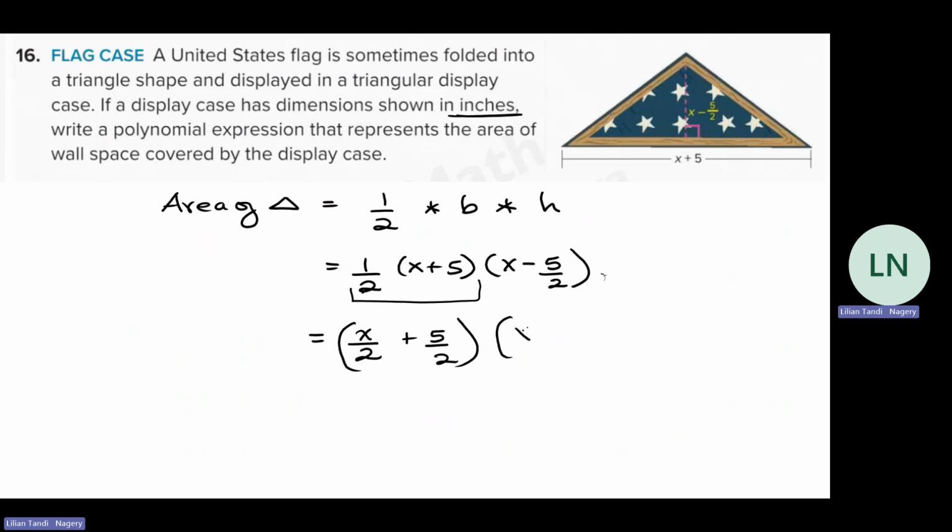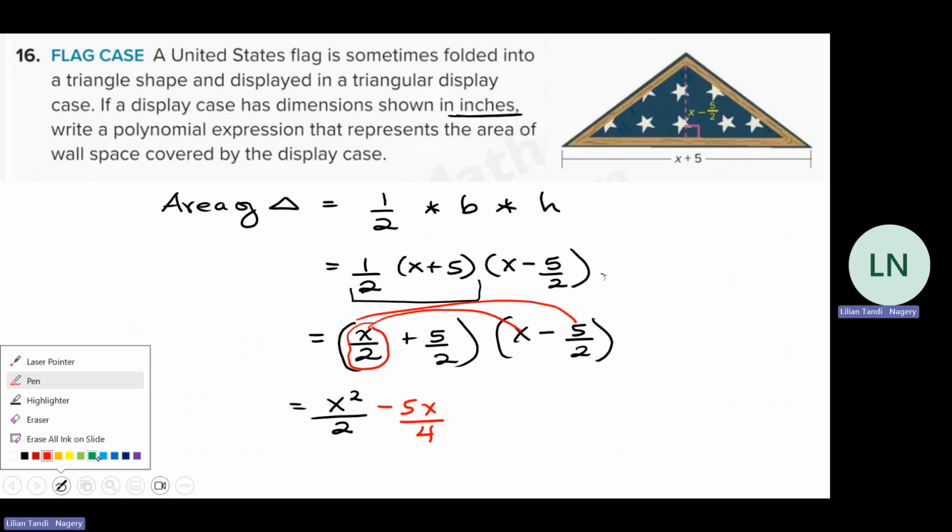And then x minus 5 over 2. Then I will multiply. This will become x squared over 2 because I am multiplying this with this and this. So then I will get minus 5x over 4.